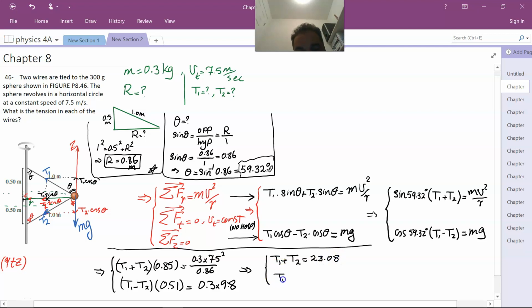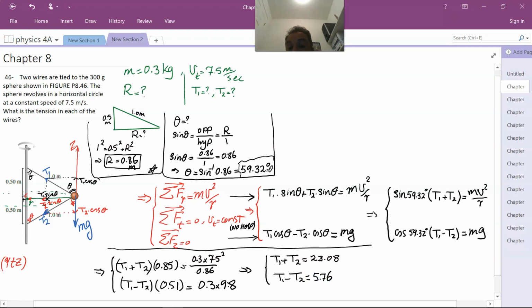And what about T1 minus T2? I am going to have 0.3 times 9.8 divided by 0.51, which is 5.76. So this is a set.